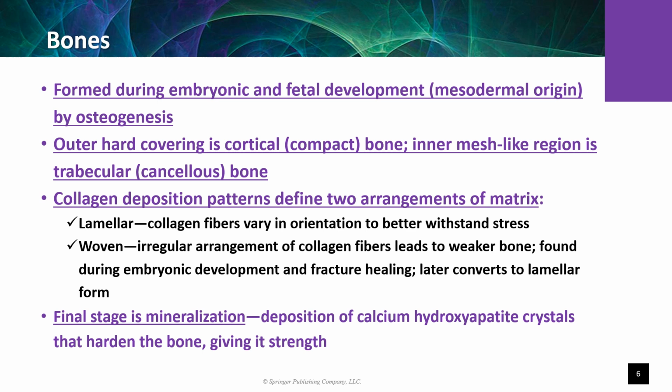There, the ruffled border of the osteoclasts attaches tightly to the underlying bone, creating a reabsorptive cavity between the osteoclast body and the bone. The osteoclast takes up the end products of bone degradation from the reabsorptive cavity by means of endocytosis.